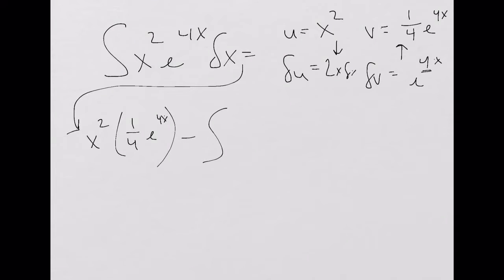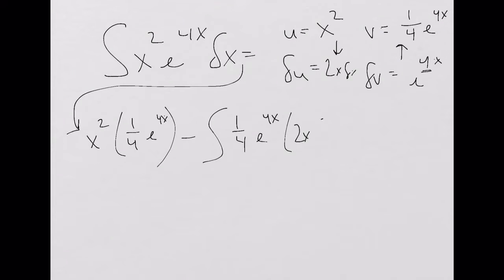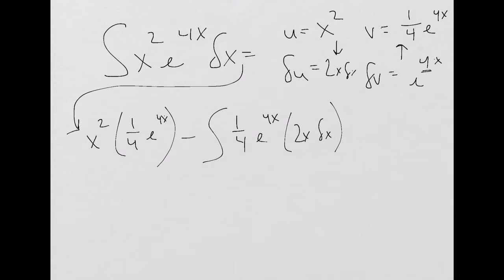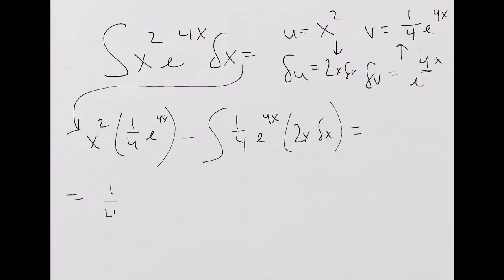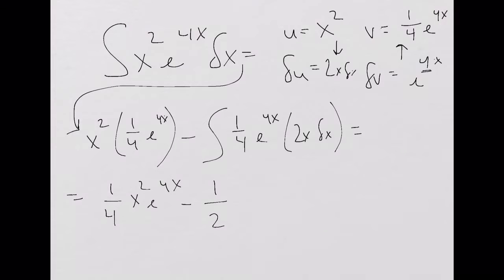So that's my v, 1/4 e to the 4x times 2x dx. So I'm going to clean this up a little bit, and I'm going to say what I have here is 1/4 x squared e to the 4x minus, these constants I can pull out, so 1/4 times 2 is 1/2, and then I have x e to the 4x dx.